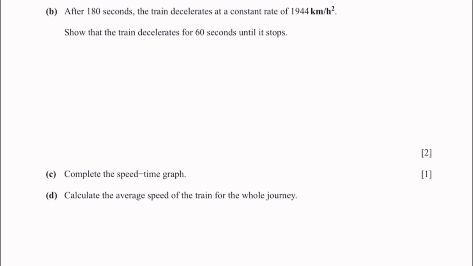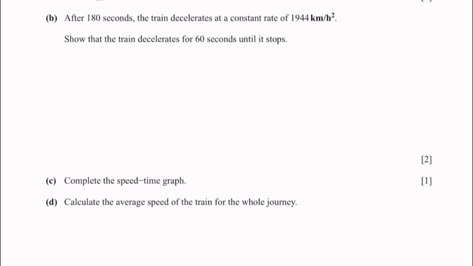Next, after 180 seconds, the train decelerates at a constant rate of 1944 km per hour squared. Show that the train decelerates for 60 seconds until it stops. The first thing I am going to do is convert 1944 km per hour squared to meters per second squared.